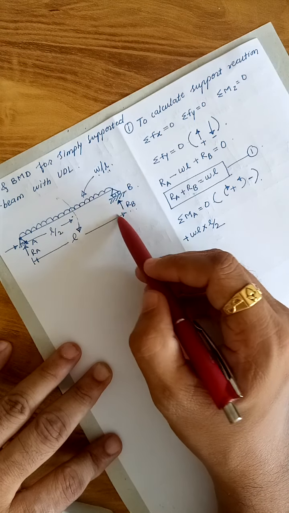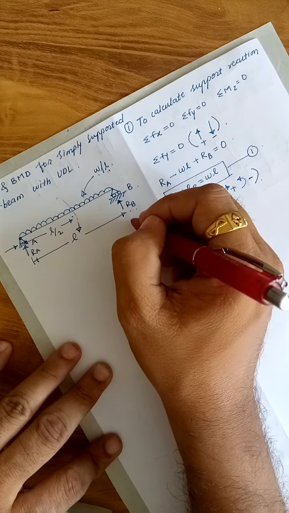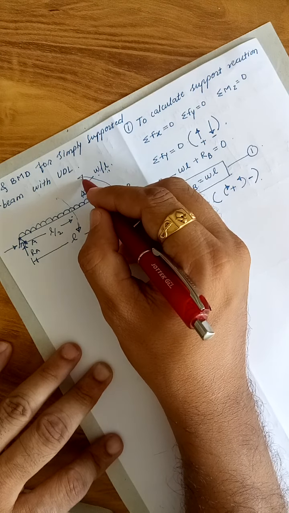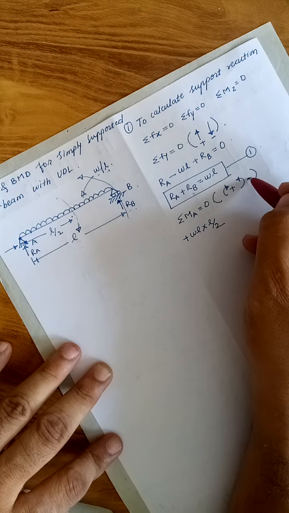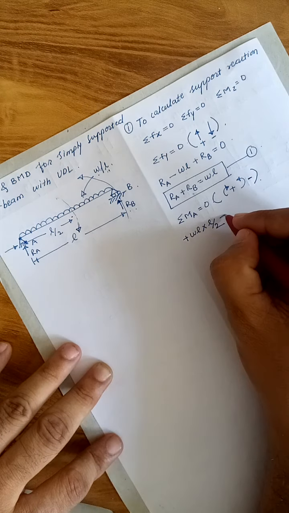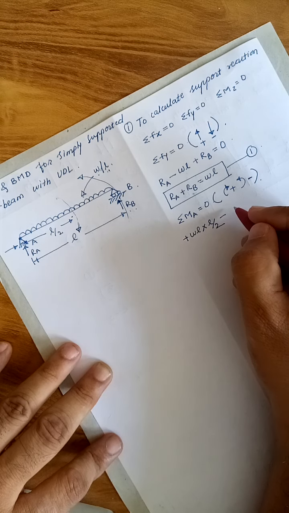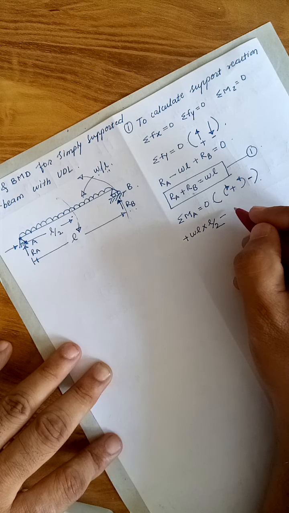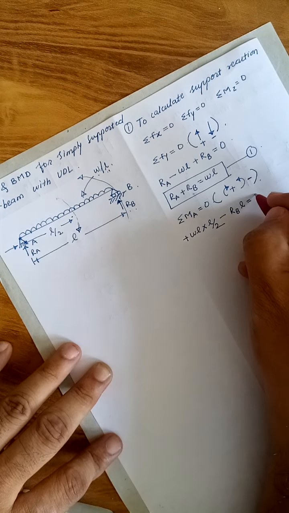Now, consider this RB which is acting in anti-clockwise direction like this. So it is in anti-clockwise direction, that's why it will be considered negative. We don't know how much RB is, so RB into L, anti-clockwise, RB multiplied by the perpendicular distance, that is L. Now we get WL square by 2 minus RB into L is equal to 0.